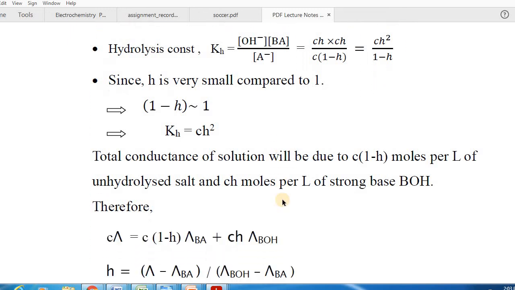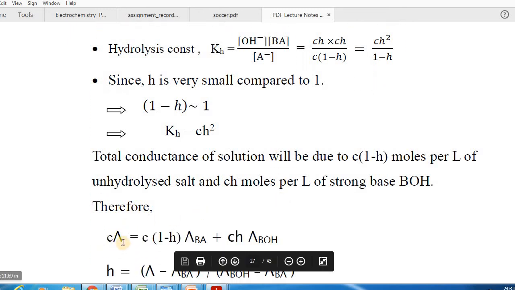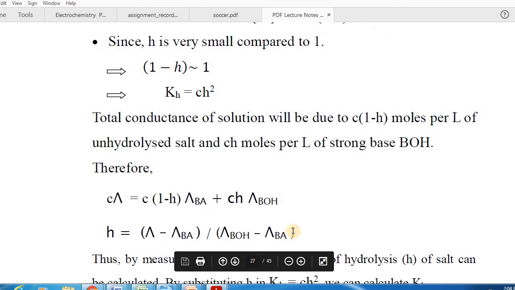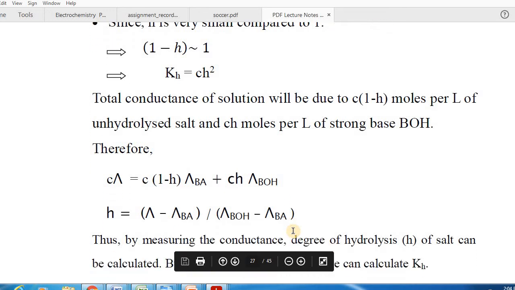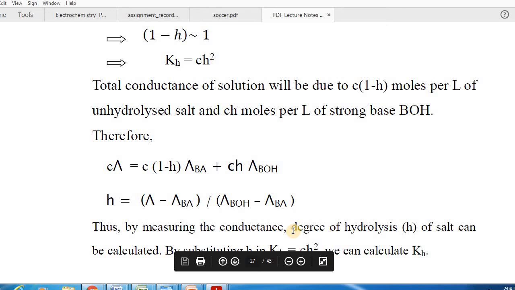So we can write C into gamma, the total conductance, equal to C into 1 minus h gamma BA plus Ch into gamma BOH, where gamma BA and gamma BOH are the conductances of the respective solutions.